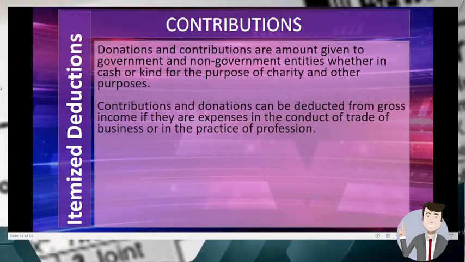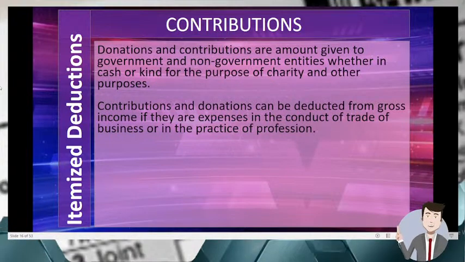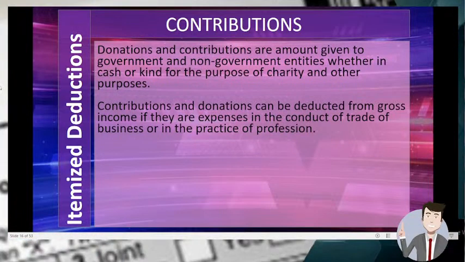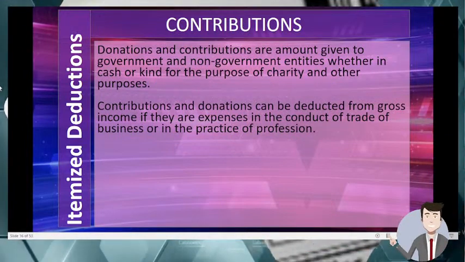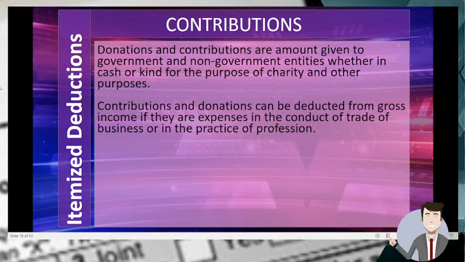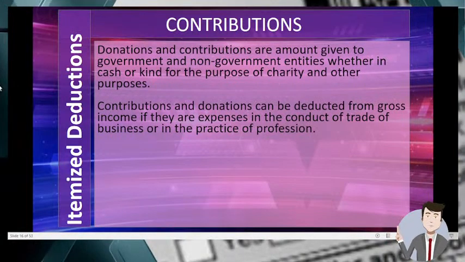Contributions and donations can be deducted from gross income if they are expenses in the conduct of trade, business, or in the practice of profession. So even though it is a charitable contribution, it should be aligned with the capacity of the taxpayer doing business or practicing his or her profession.